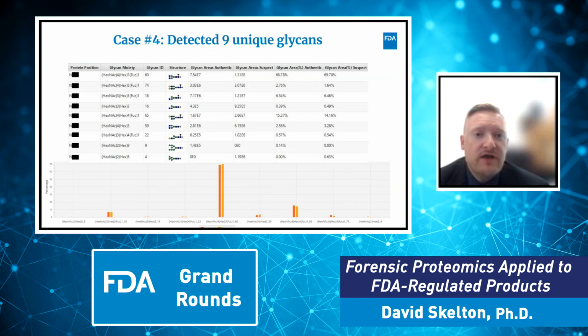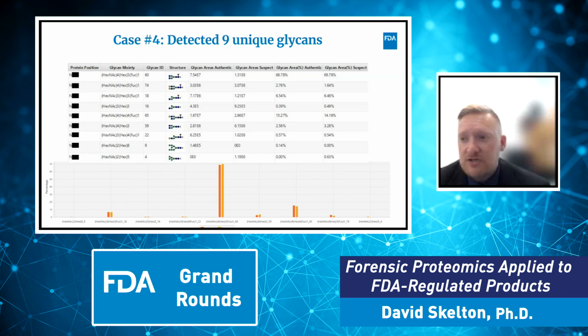Continuing this process, we were able to identify 9 unique glycans, so elucidate the structure of all 9 of them. And all of these were mapped back to a single amino acid, asparagine, at a very specific location in the amino acid sequence. And what we observed on the sample, our suspect, is also where it should have occurred on the biotherapeutic.